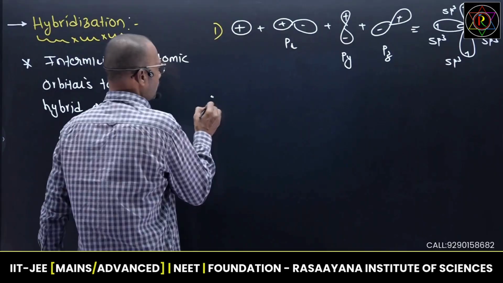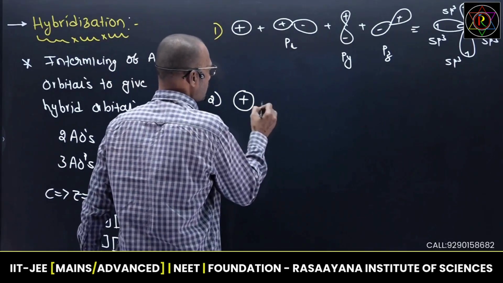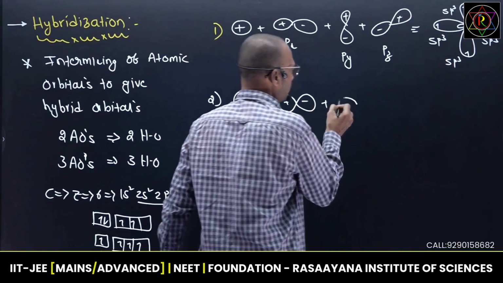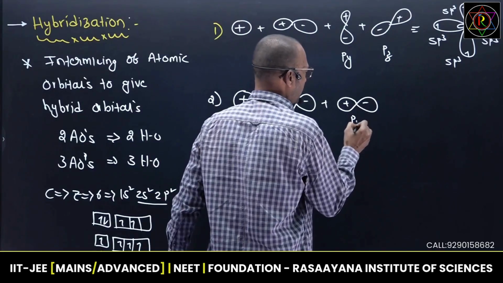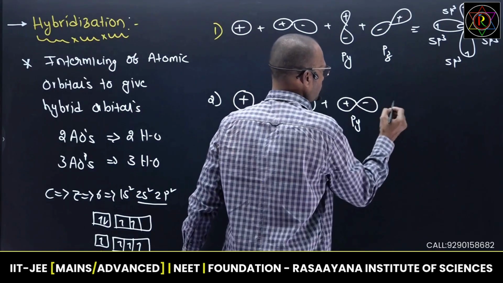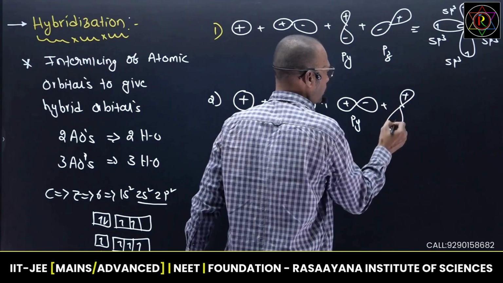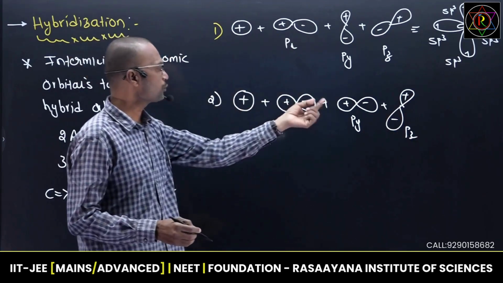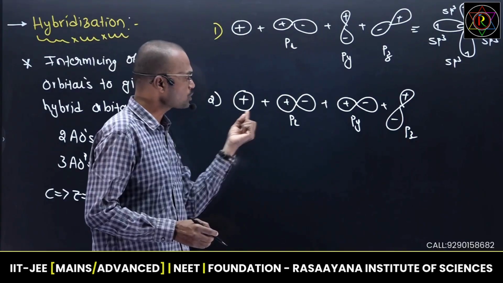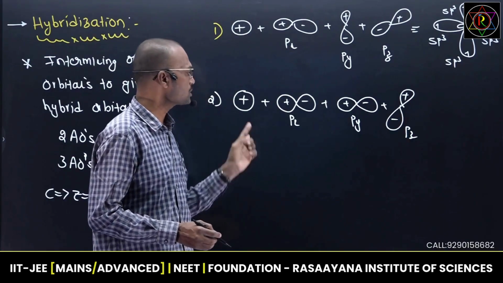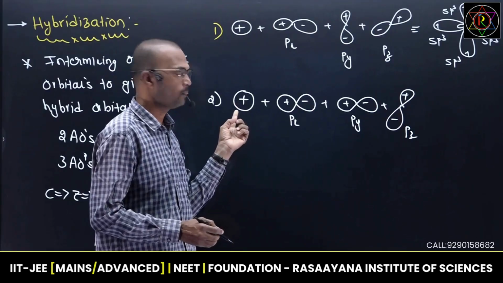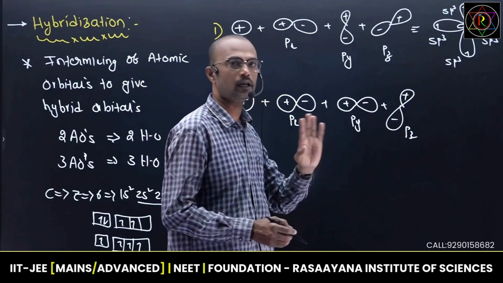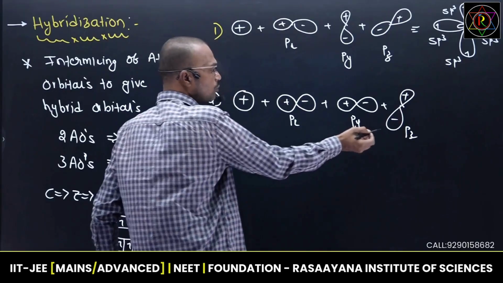Suppose in the same molecule I take one s orbital, px orbital, py, and one more orienting in the z axis, this is pz. Now what I am saying is, out of these 4 I would like to intermix only 3. Of those 3, one will definitely be the s orbital, and the p orbitals will be px py, px pz, or py pz. Any one p orbital is not involved in hybridization.